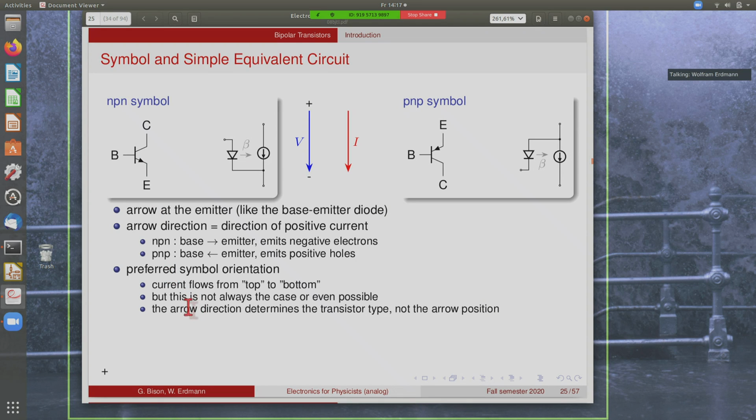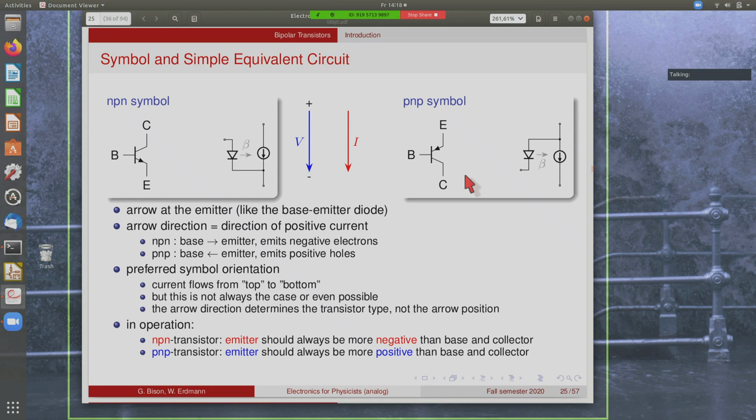But that's not guaranteed, so you also have to look at the direction of the arrow. But when you operate these transistors, normally for the NPN transistor, the emitter should always be the most negative node, and the collector should always be the most negative node for the PNP transistor.